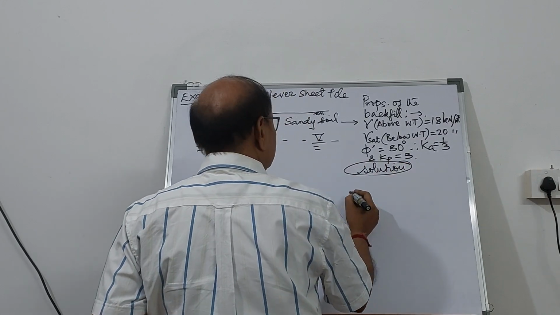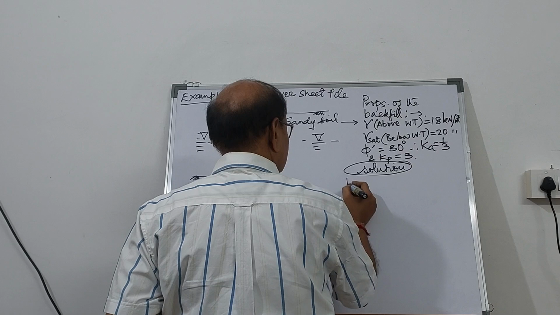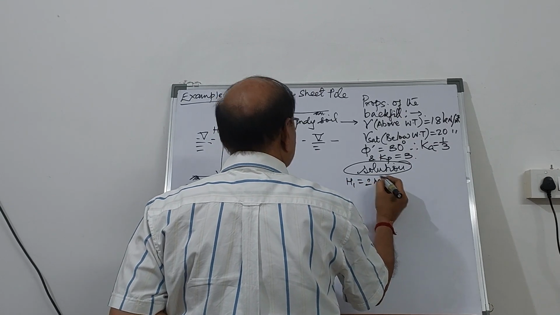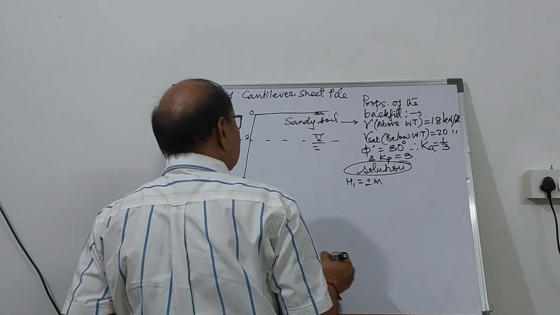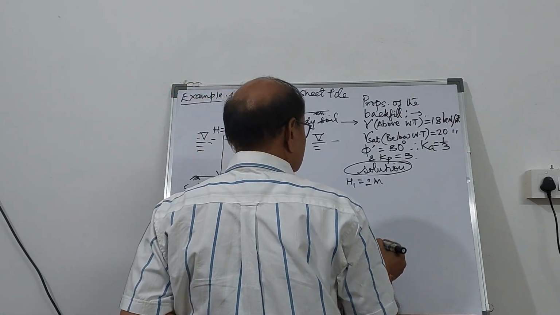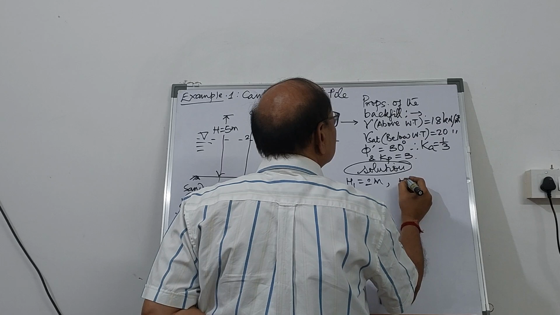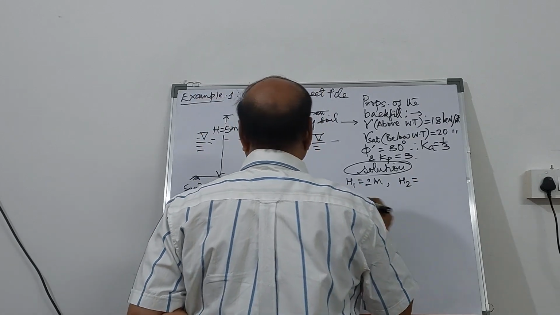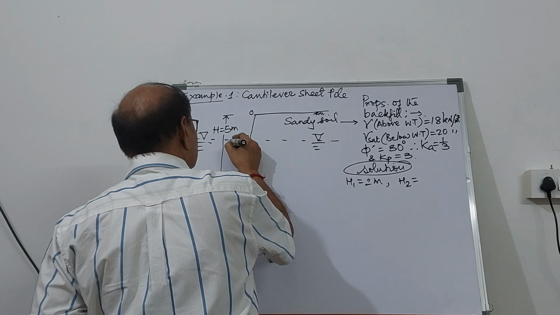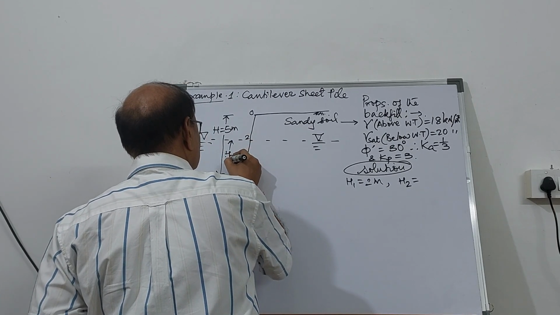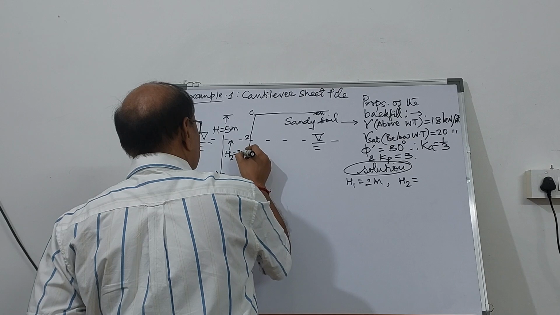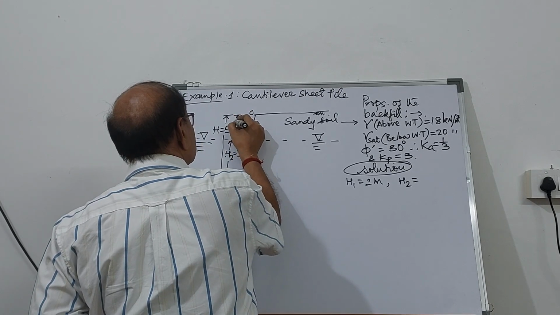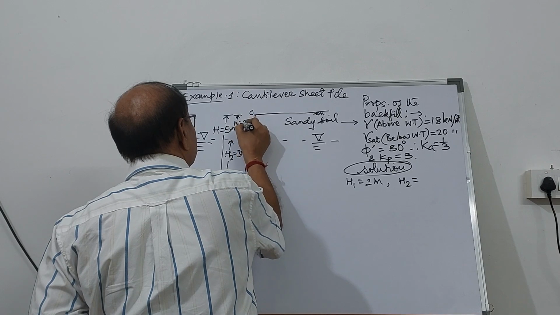The solution here, you see, h1 equal to 2 meter, that is the height above the water table, and H2, the height below the water table is H2 equal to 3 meter, and H1 equal to 2 meter.